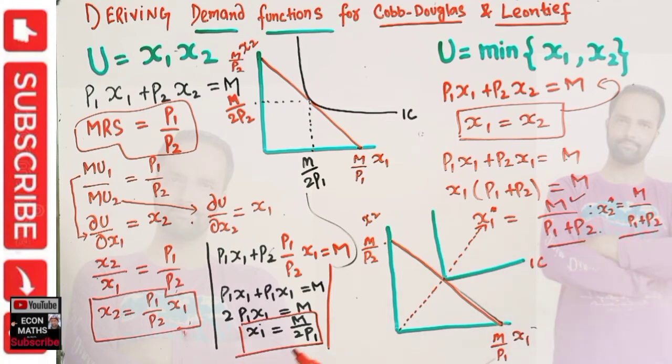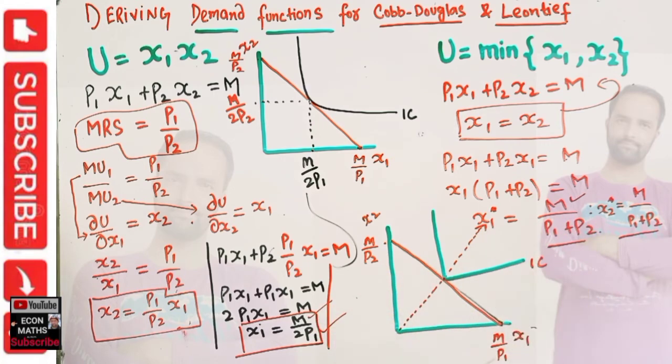But in the case of the Cobb Douglas utility function, demand for a good was a function of only income and its own price. You can see the difference here. Demand for a good depended on income and the price of the good itself, not on the price of the other good, what we call x2.